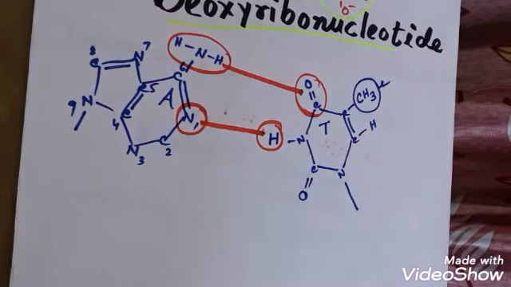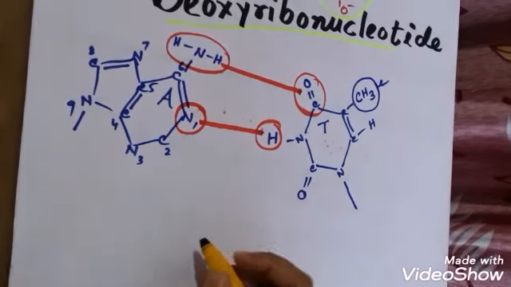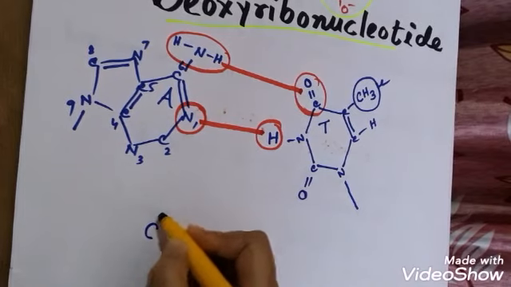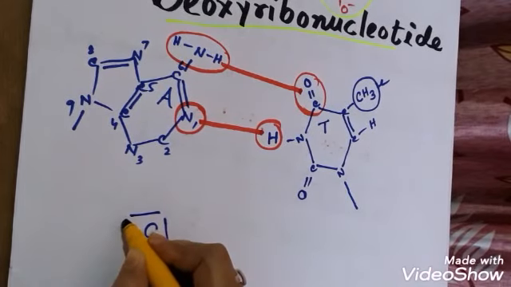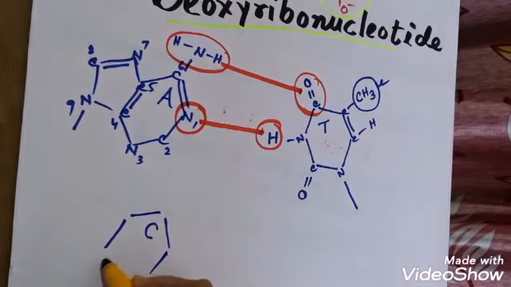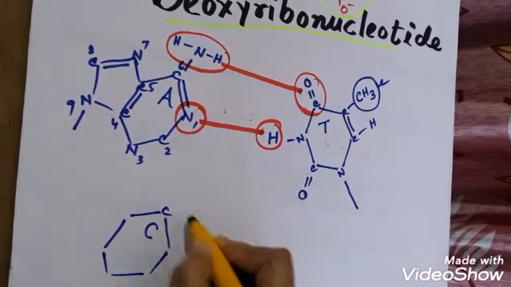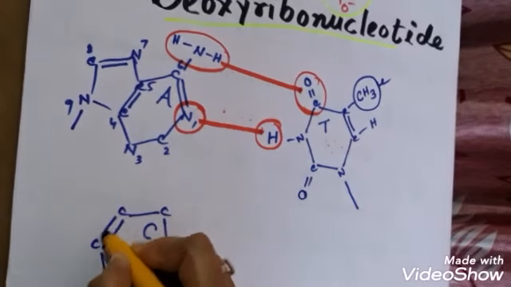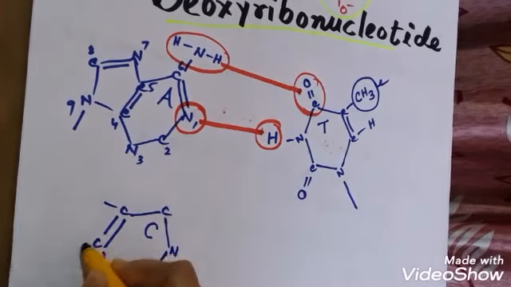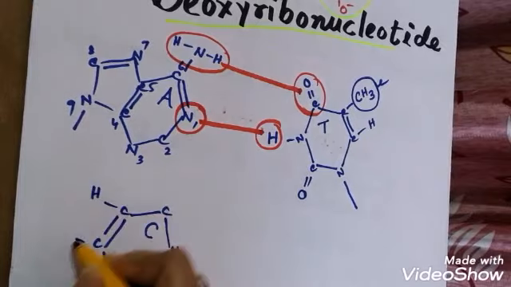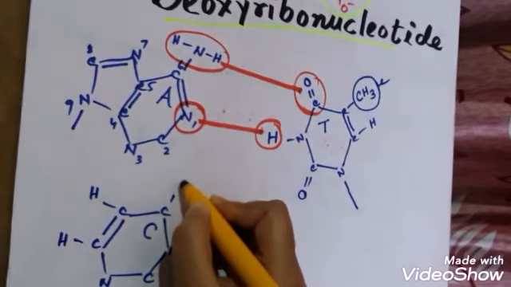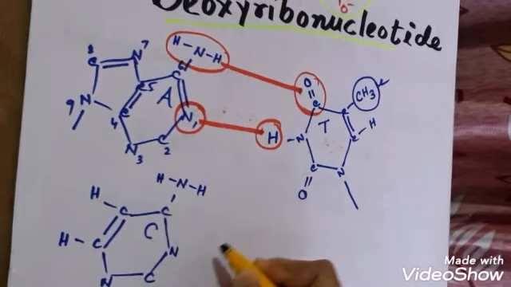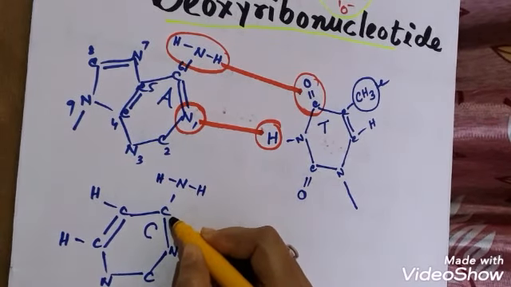Next, we'll go for cytosine and guanine again. C, N. We'll put an amine again here. Then adjust the bonds.